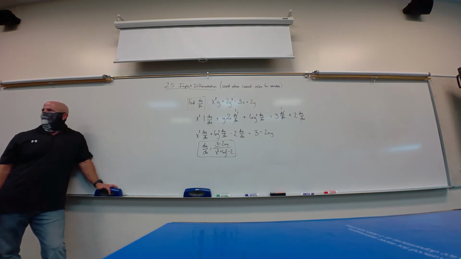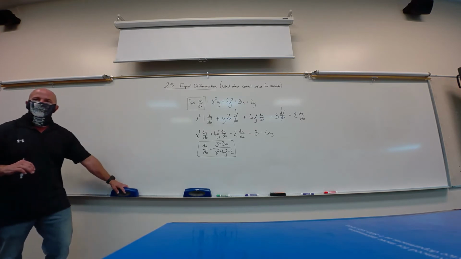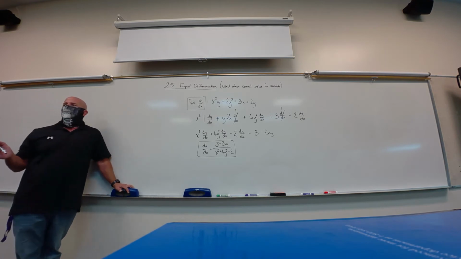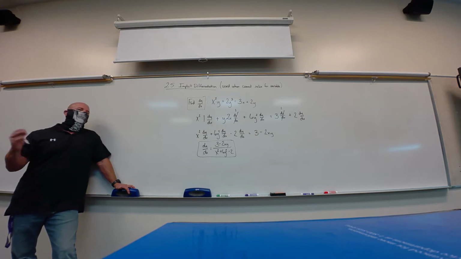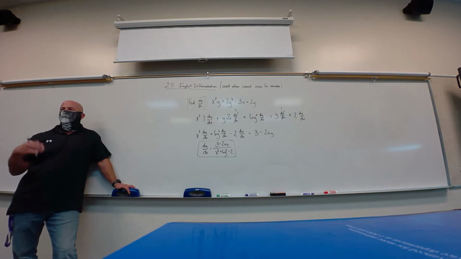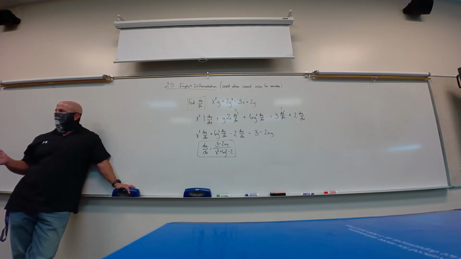Okay? Because that's still the derivative, right? And that was our definition of a derivative. Derivative represented the slope of the tangent line, every possible tangent line. If I wanted a specific one, I'd need an x value. So in the past, you needed an x value to substitute in, and you could find the derivative at that point, or the slope of the tangent line at that point. Does that make sense to everyone?